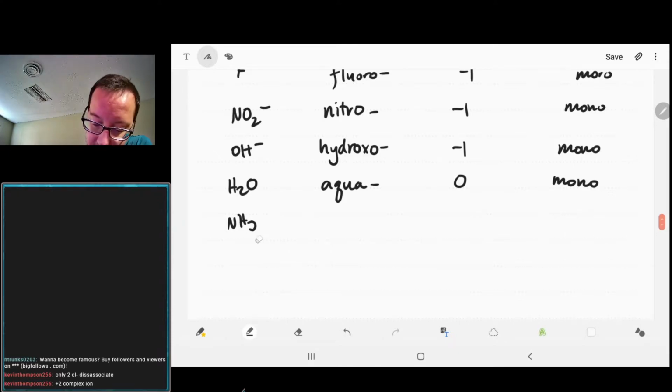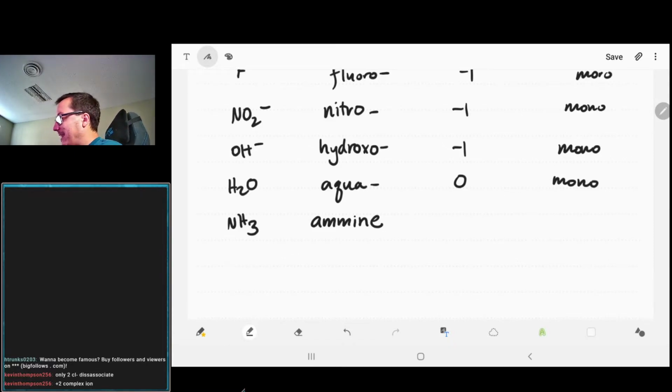Ammonia is another very common one. This one is special. It takes amine as its name, with 2 M's there. We're going to see again shortly how to name all these, but we have to give you the list of all the common ligands here.